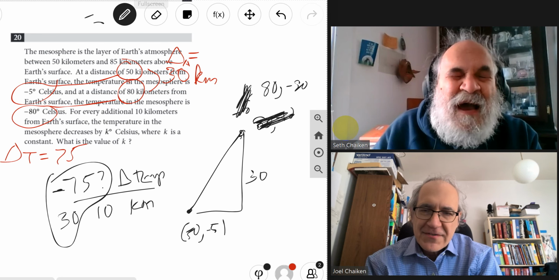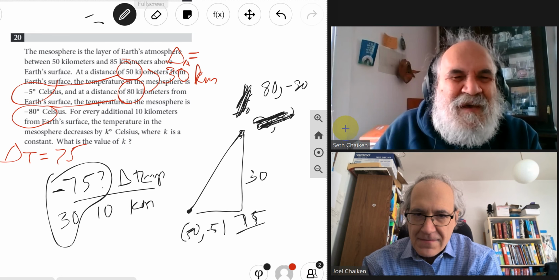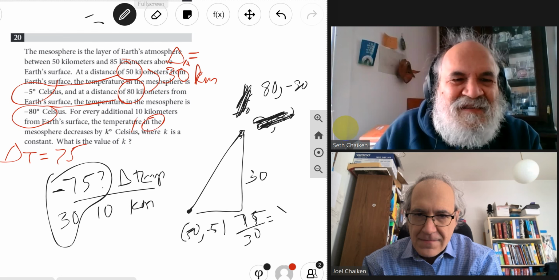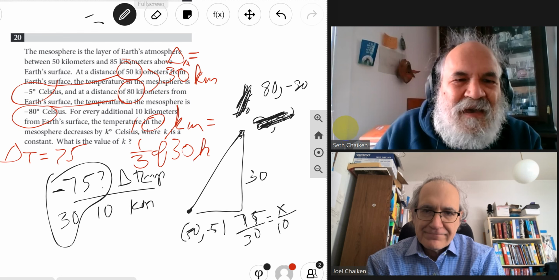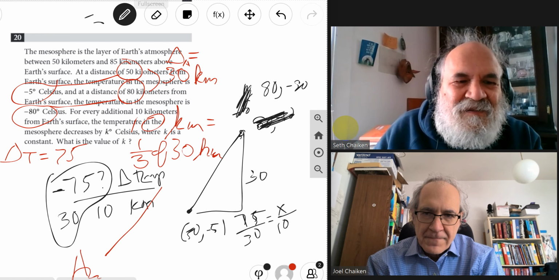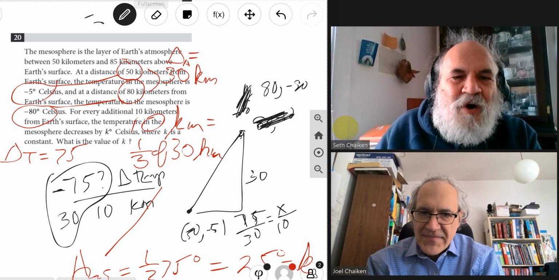How much does it change in 10 kilometers? 10 km equals 1/3 of 30 km. So the answer equals 1/3 of 75 degrees, which is 25. Equal k. Exactly. So that's right.